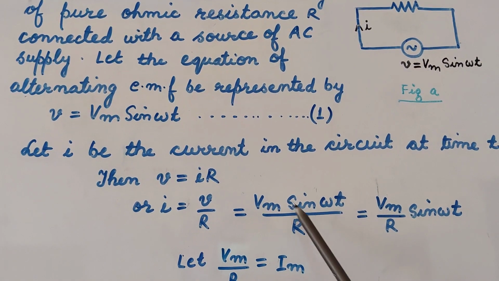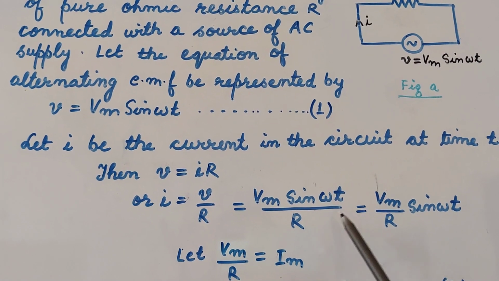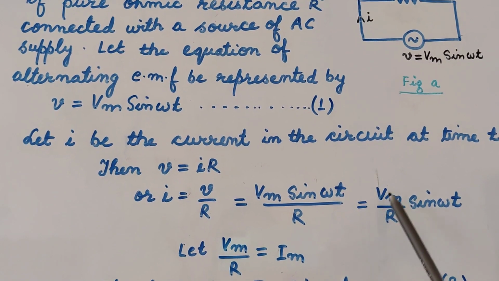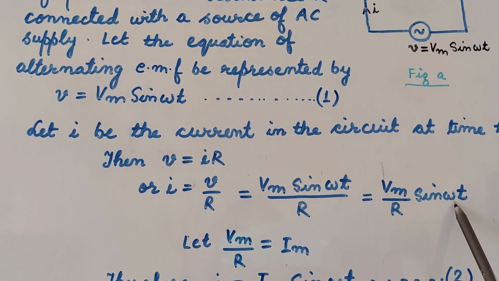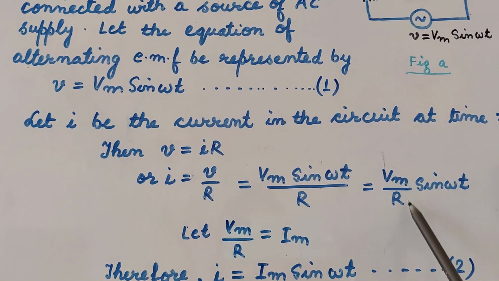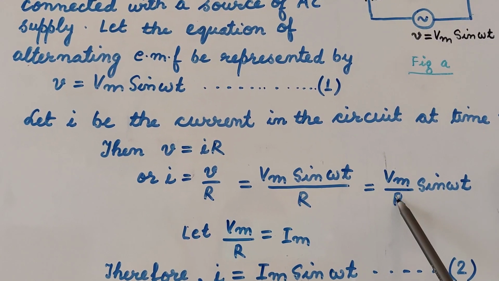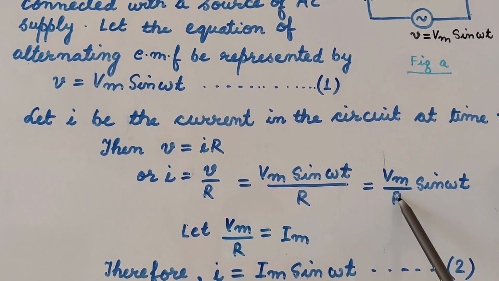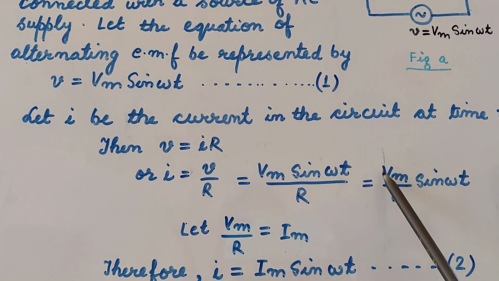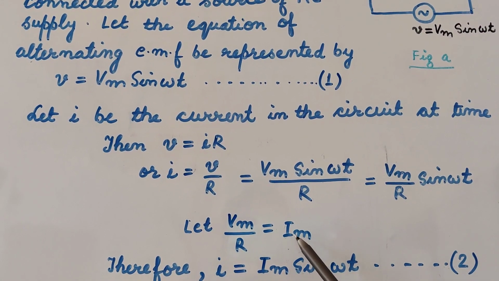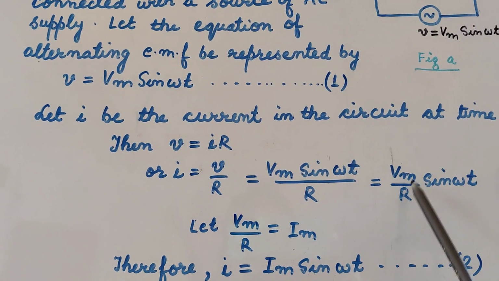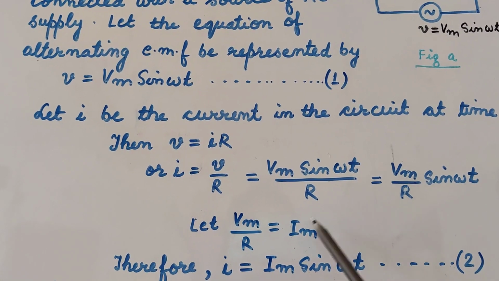In this equation, Vm by R is a constant quantity, so we have written this as Vm by R into sine omega t. Vm by R is voltage upon resistance, and voltage upon resistance is nothing but current. Since this is the maximum value of voltage, the current corresponding to this voltage will also be maximum.